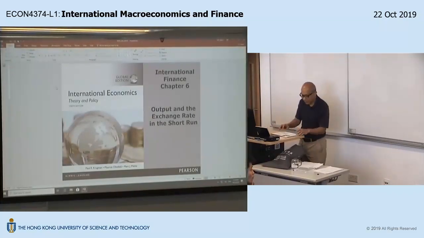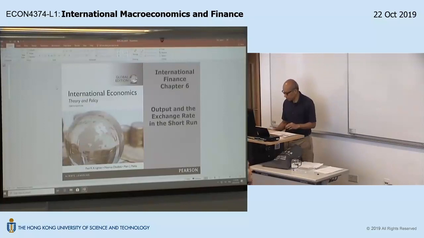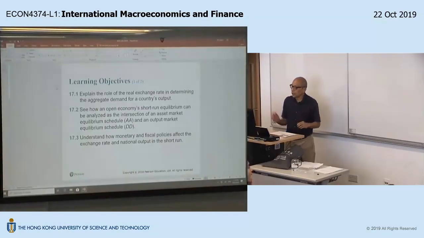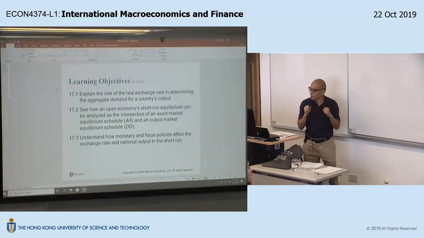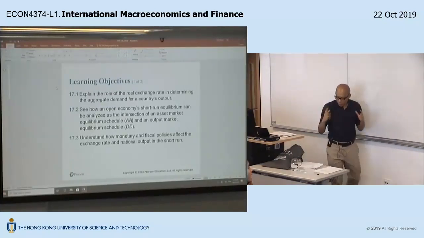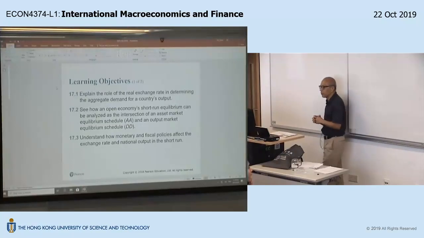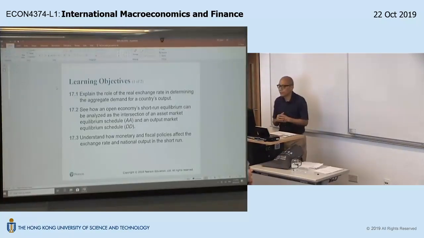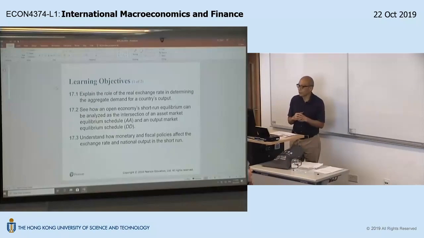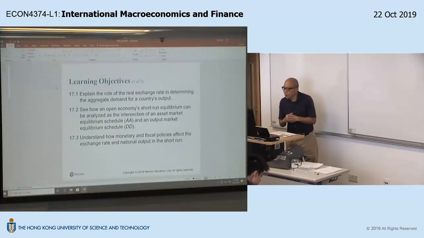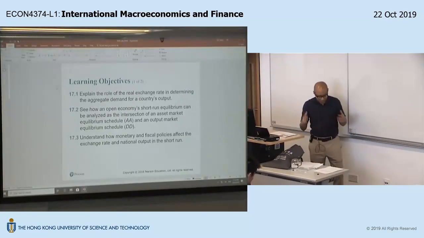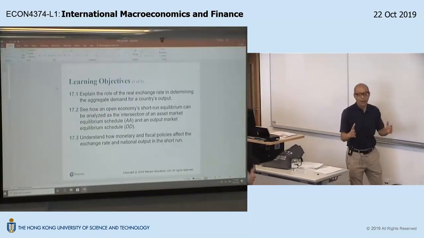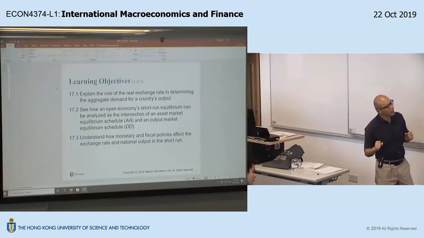Is there any question? Okay, so we're going to explain the role of the real exchange rate in determining the aggregate demand for a country's output. The real exchange rate is going to be very important. We're going to see how that affects aggregate demand, and also how in an open economy to analyze the short run equilibrium of the economy.